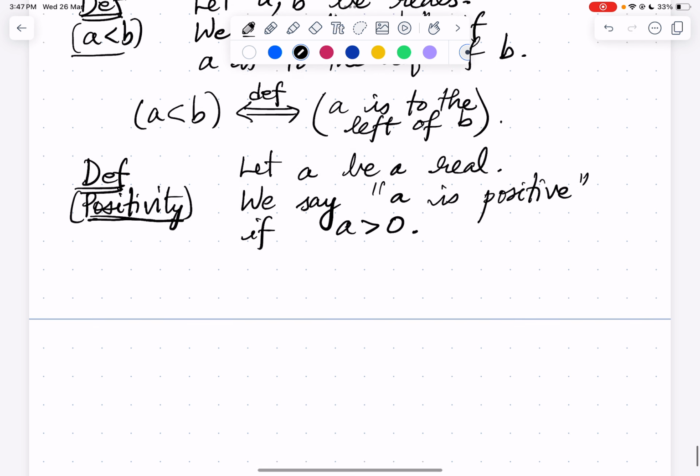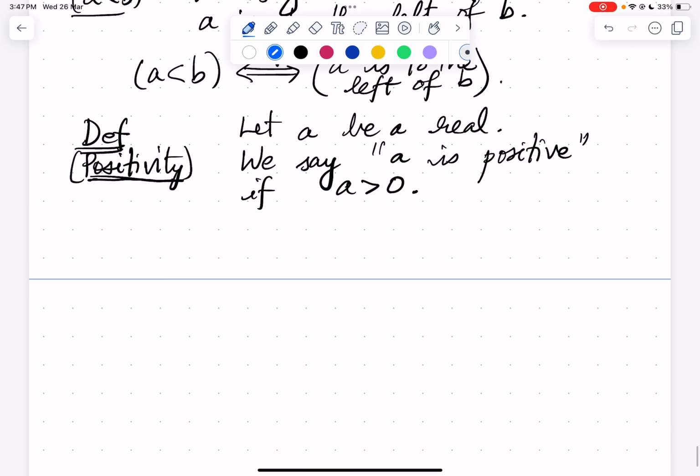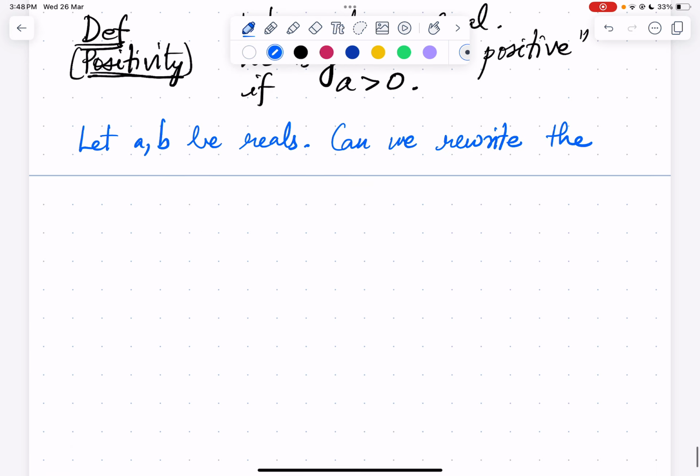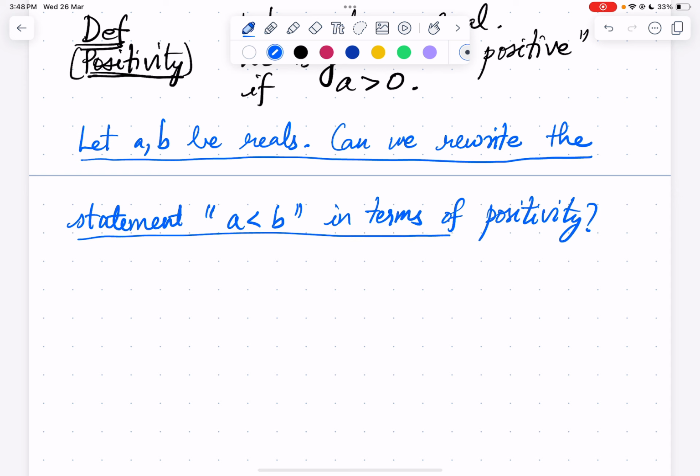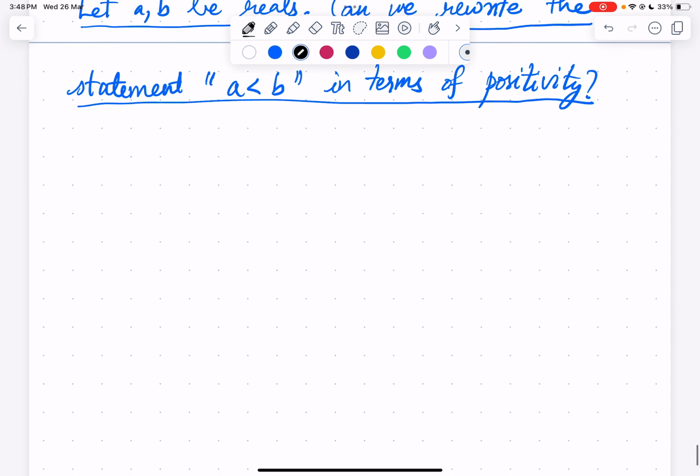Now we can ask, let A, B be reals. Can we rewrite the statement A less than B in terms of positivity? So we have the following observation.